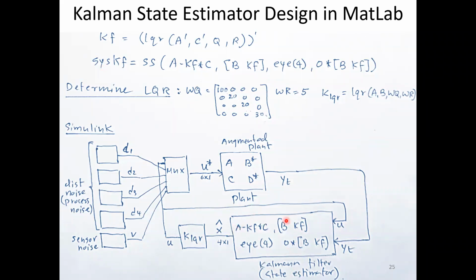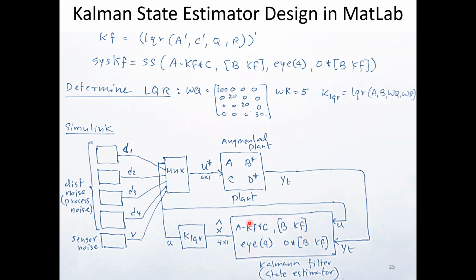Now below here you can see this diagram. This is the Kalman filter state estimator. A minus kf times C, B and kf, identity matrix, because this identity matrix means you are producing all 4 state variables, their estimates, x hat, 4 by 1. This column is produced by this system. Okay, it's a state space model. You can see A, B, C, and D. This is actually C, identity matrix.